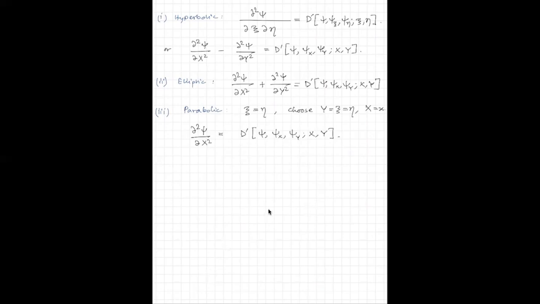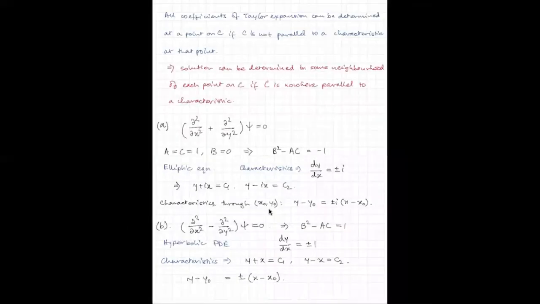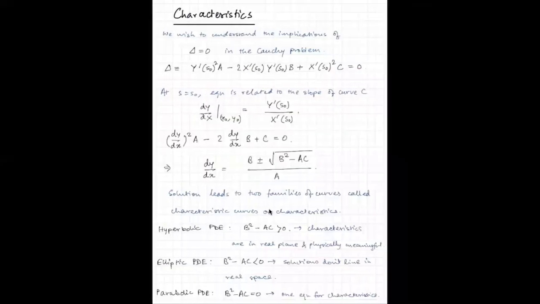Yeah, so that's that for now. This was a bit short, but it was a very important thing for you to know that this delta equal to 0, the thing that we had discussed last time, as an assumption, leads to the solution of these arbitrary second order differential equations in two dimensions.